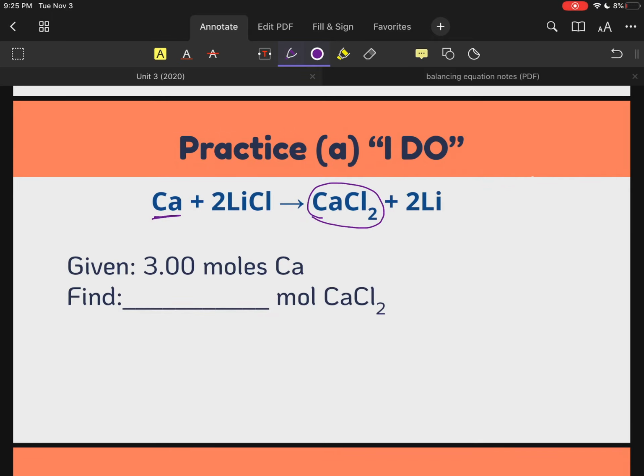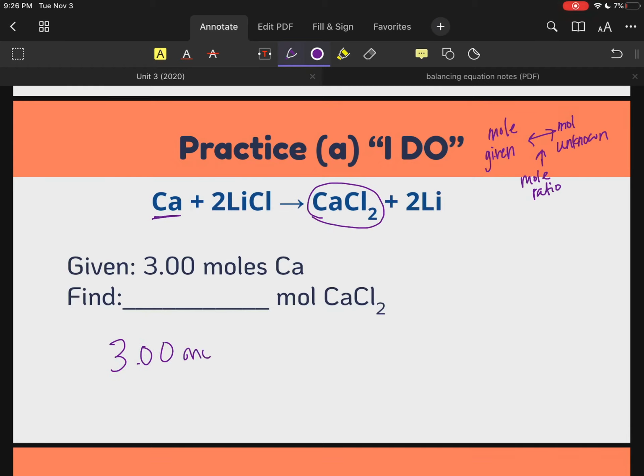That just helps you keep track. Remember, I have my stoich map. If I want to go from what I was given to what I want, my unknown, if I want to go back and forth, then what I have to use is my mole ratio.